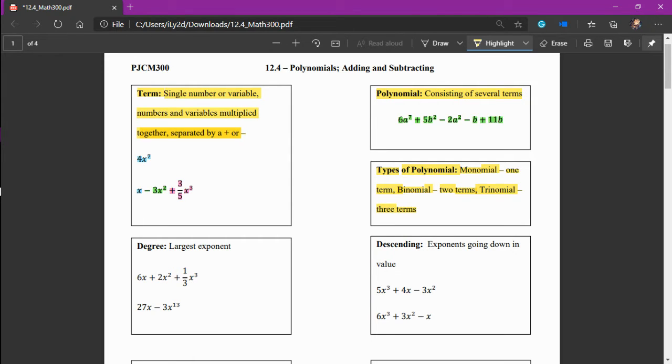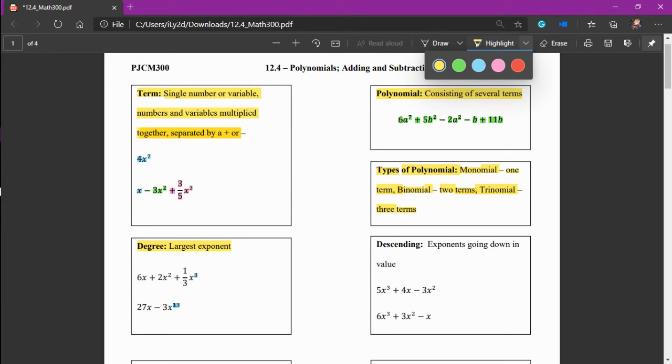Okay, now let's go down to the left where it says degree. If you're asked to state the degree of a polynomial, the degree is going to be the largest exponent. So our degree in that first polynomial would be 3. In that second polynomial, the degree is 13.